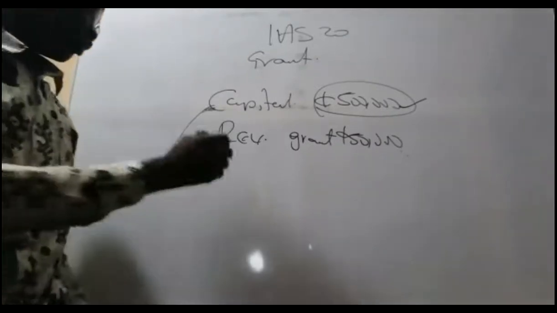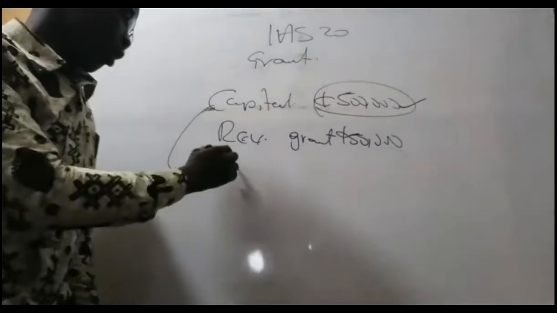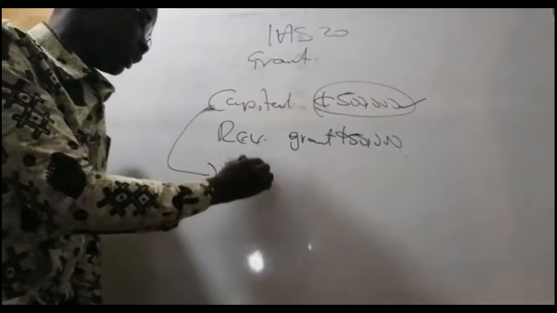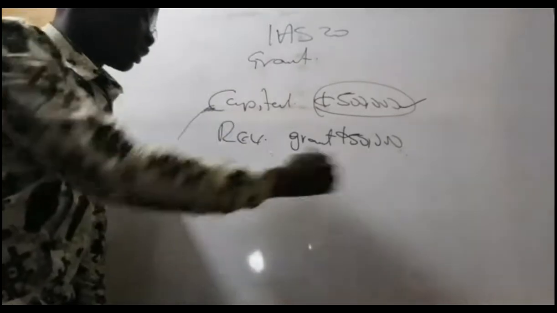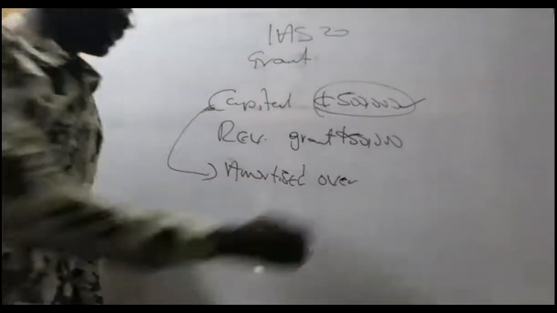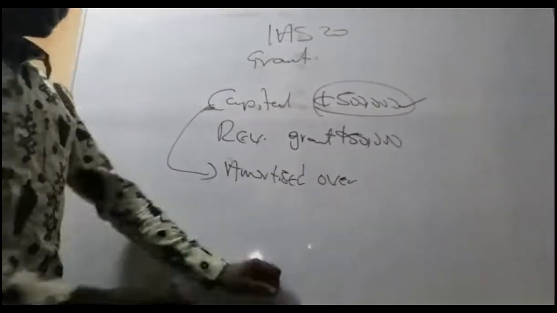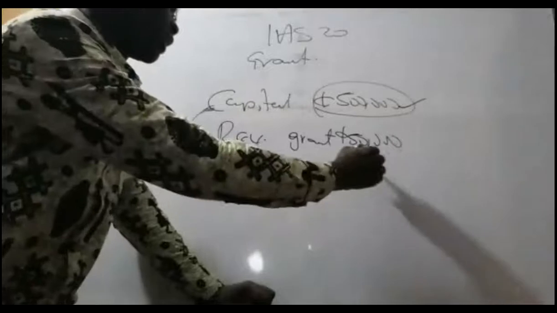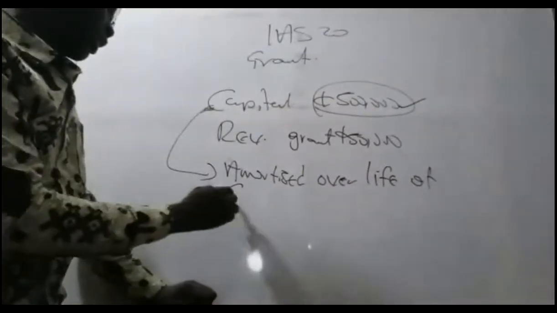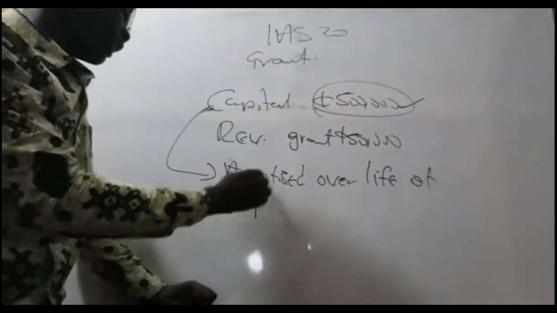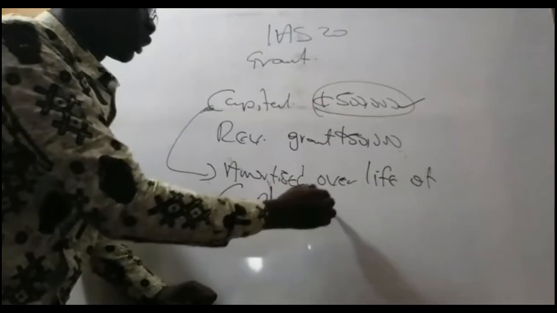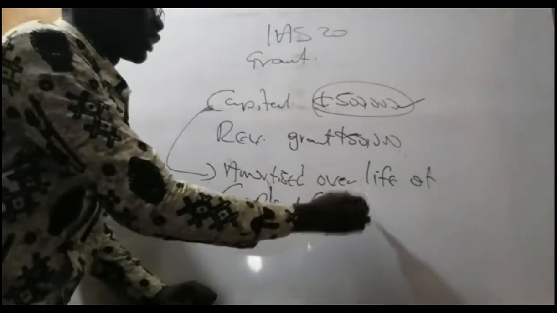So this grant will be amortized over the life of the asset, which is the electrical plant. Good. Which is what? 25 years.